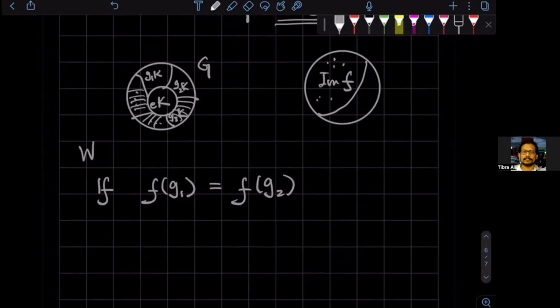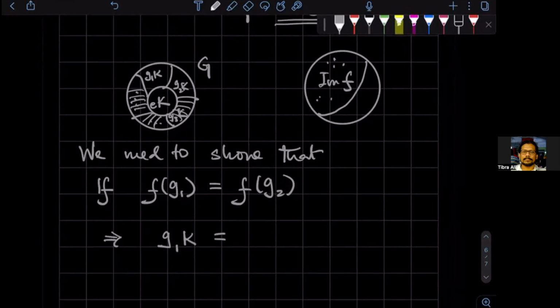We need to show that if F of G1 is equal to F of G2, then that implies that the coset that G1 belongs to is the same coset as the one that G2 belongs to, okay? That is, G1 is coset equivalent to G2.